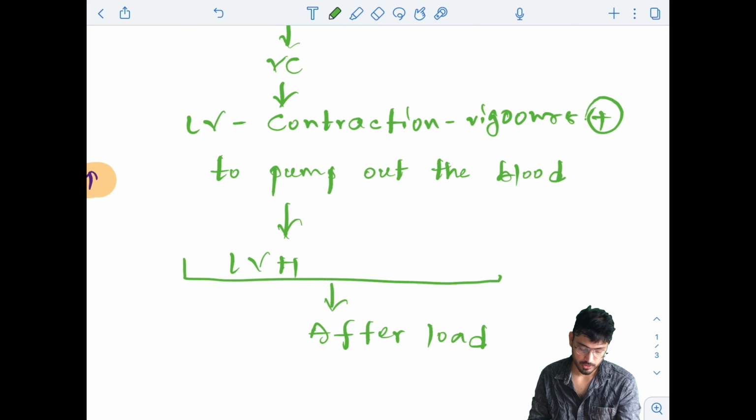These are the organs over here, and this will supply the arterial blood. See, this is the thing that is going on. This is the heart, and now I am going to write the important things.